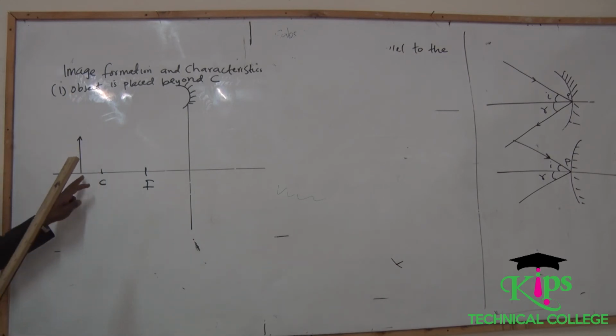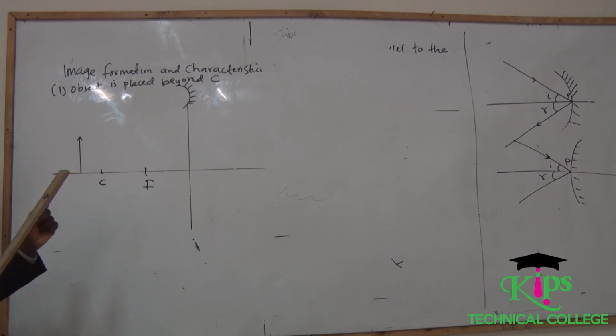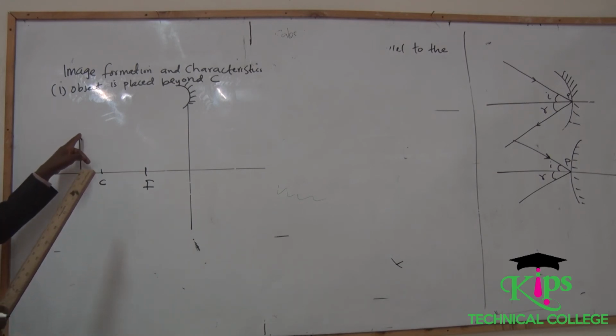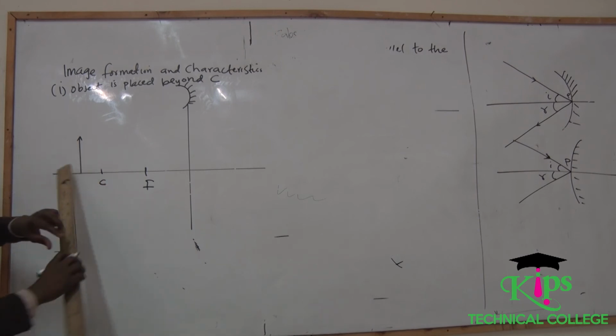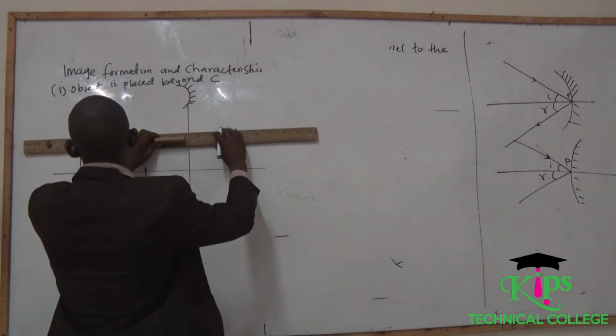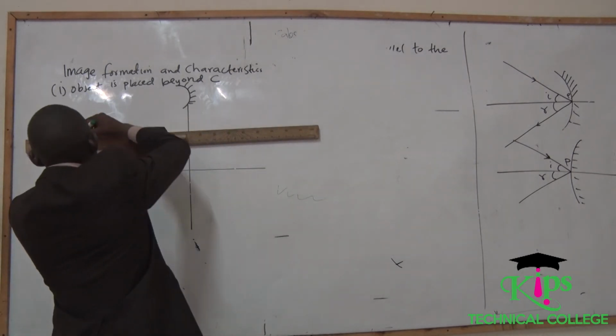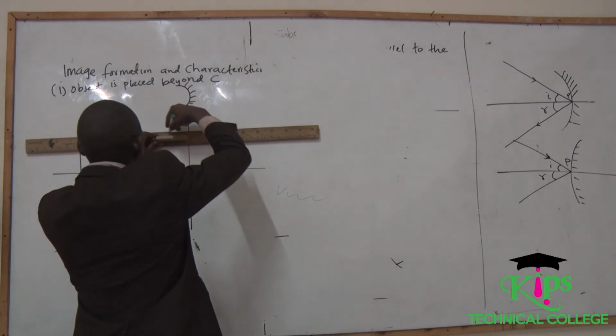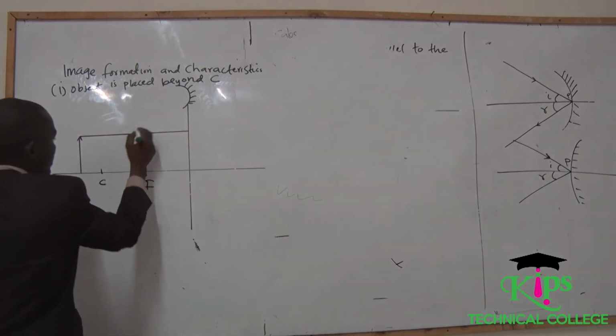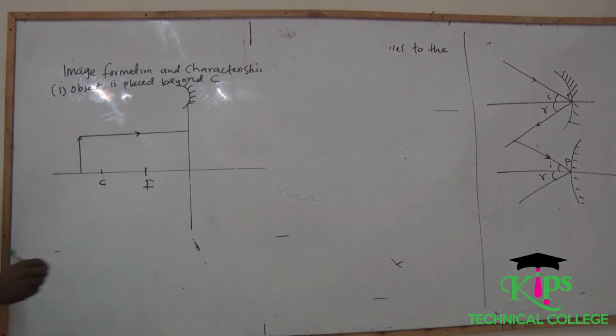Whenever you are given such a case, there are two rays that are going to emanate from the top of this point. So the first ray goes parallel to the axis. Draw a parallel ray to the mirror. That is the first ray.